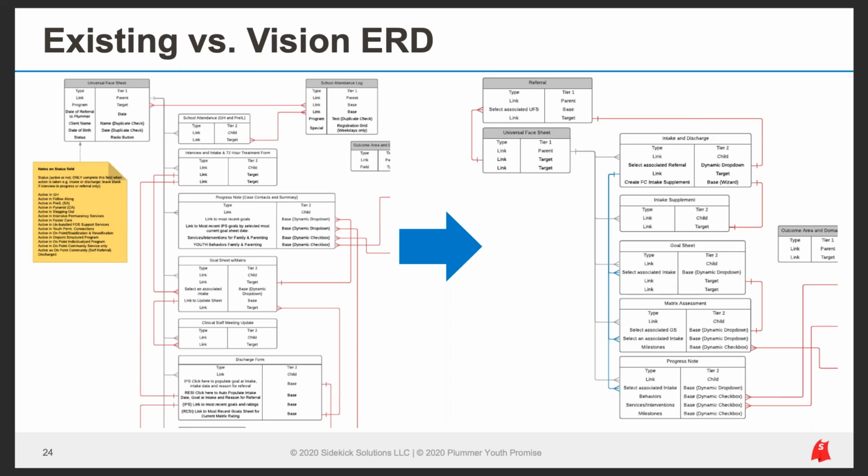So generally what we find is that when we compare these two, there's one of two directions we can go. Either the differences between the two ERDs highlight a need to redesign the system from scratch, or we can make incremental changes toward that vision system.